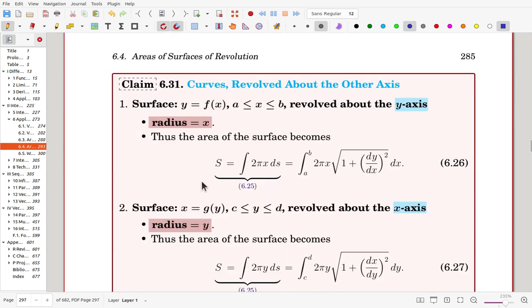Okay, now we have a slightly different formulation. Now curves revolved about the other axis. Here the surface is made by rotating y equals f of x, with x moving from a to b, but now the revolution is done about the y-axis.